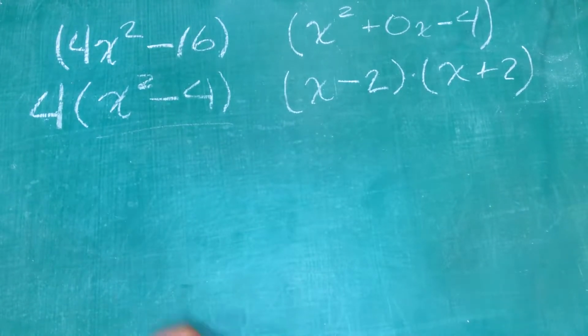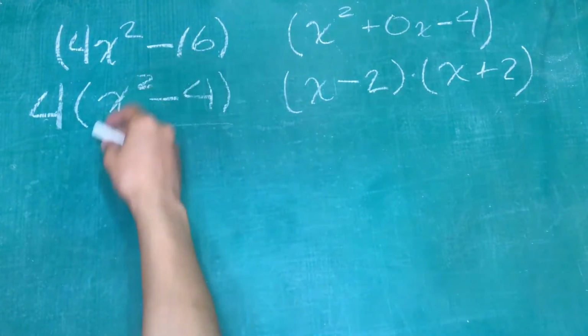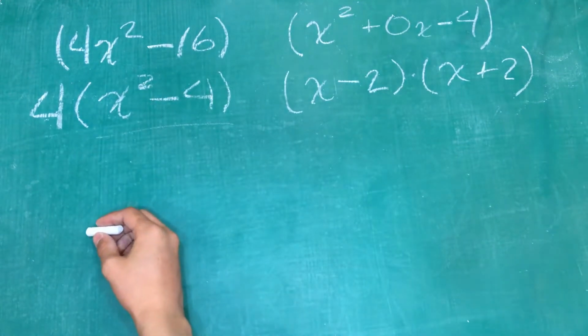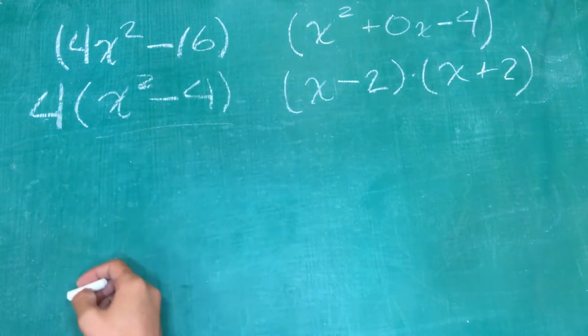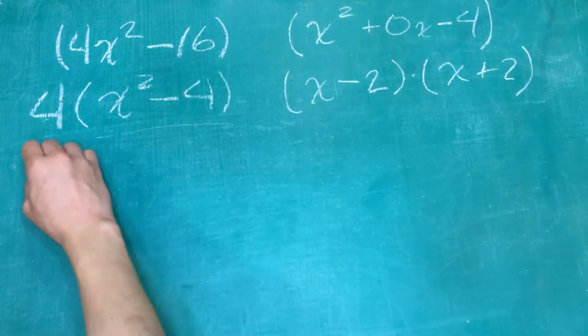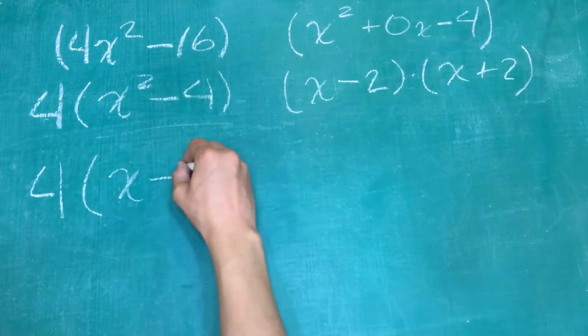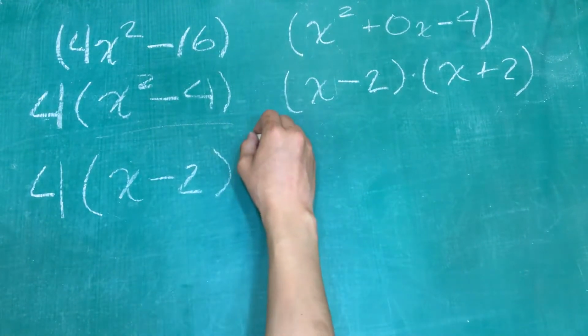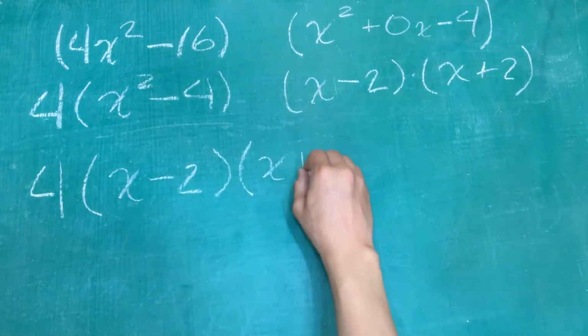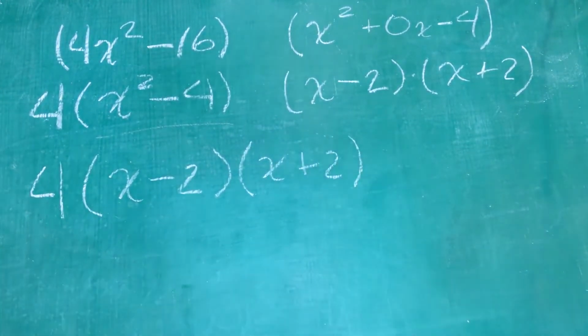Now, every time we factor out a number from an expression, in this case a difference of squares, we're going to have to write it out through our entire process. So we'll write down 4 times x minus 2 times x plus 2. And this would be our complete and final answer.